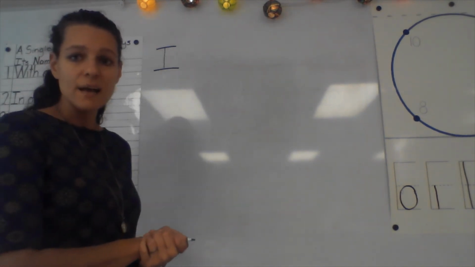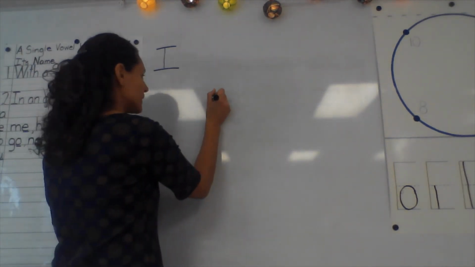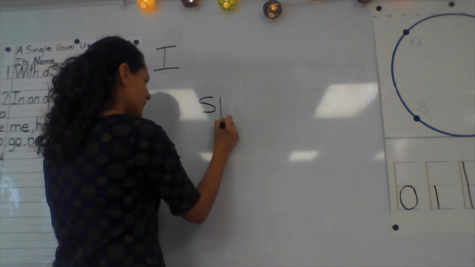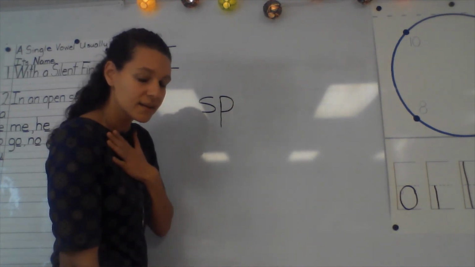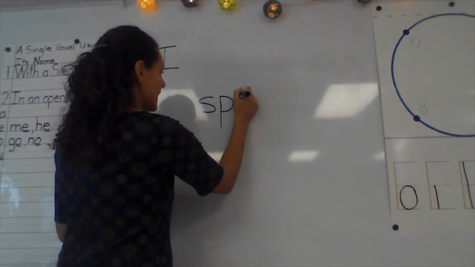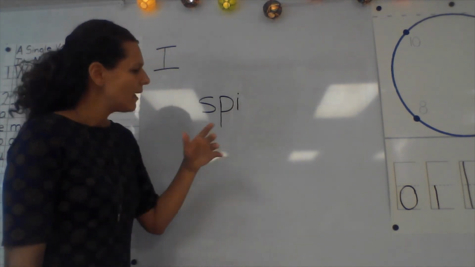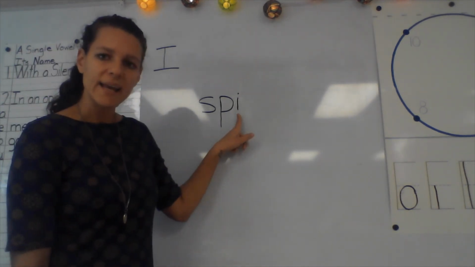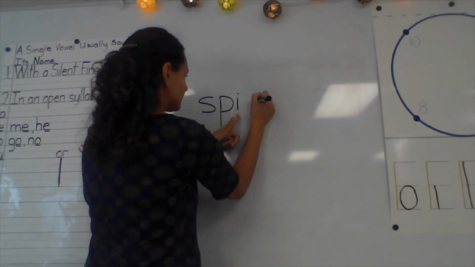All right, class, tell me what I need to write to spell spider. Good. Very good. And which I am I using? Good, I'm using I-E, because I can use that because it's not the end of a word. And what lets my I say I here? Very good, it's an open syllable.